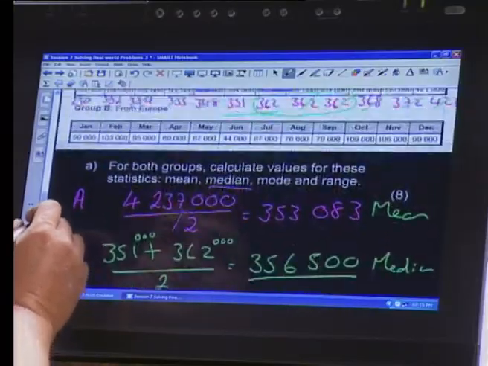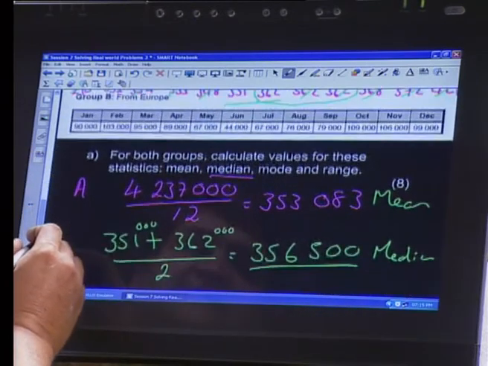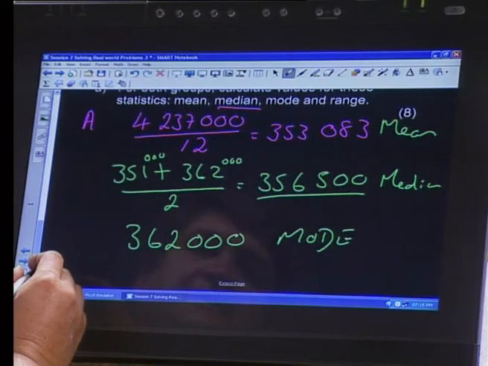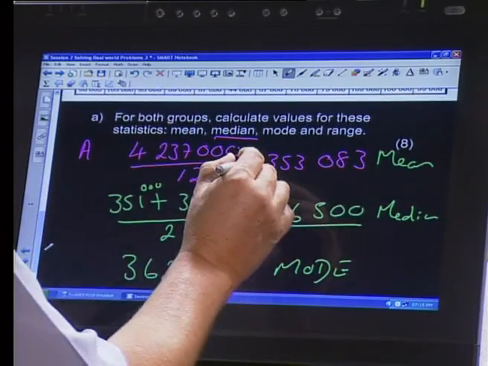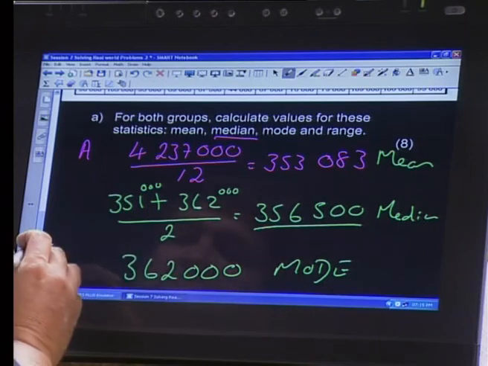Right. Here's another question that would be posed to you in a paper 2. Which one of those averages best describes the number of people who enter South Africa from Africa? Okay? So if we looked at this, here are all our figures. Of all those figures, I have 3. I have this guy, 353, 356, and 362.